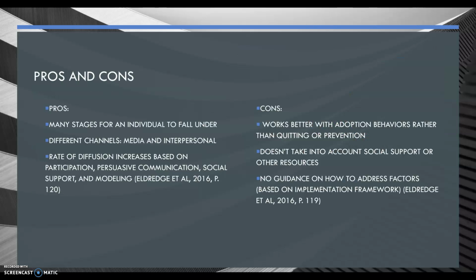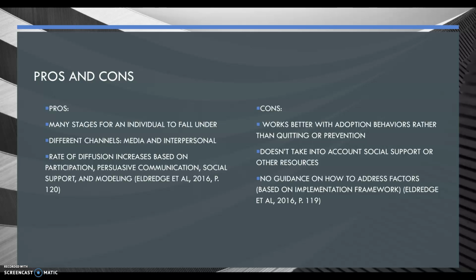So, the pros and cons of using this theory. The pros are there are many stages for an individual to fall under. Whether they're an early adopter or a laggard really depends on what type of intervention is being used.